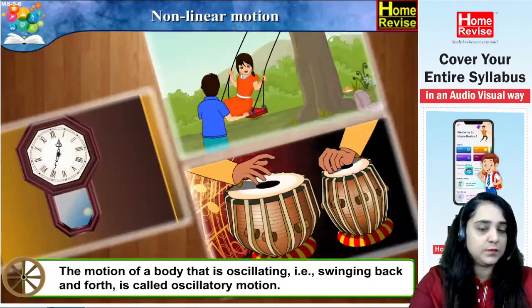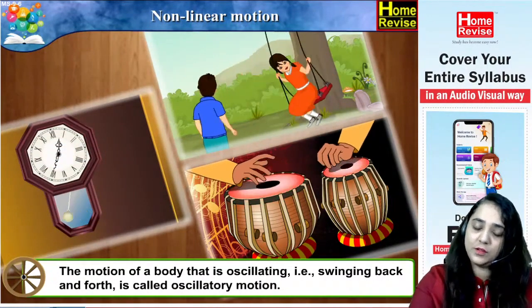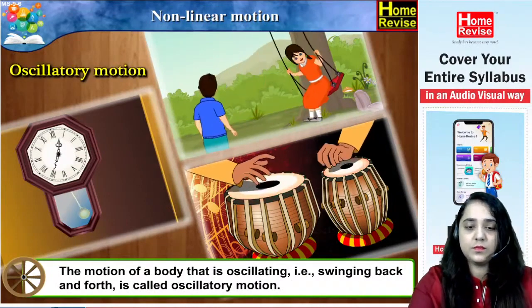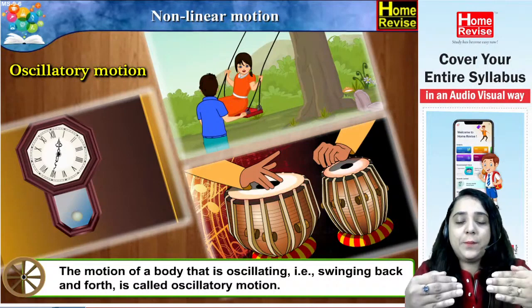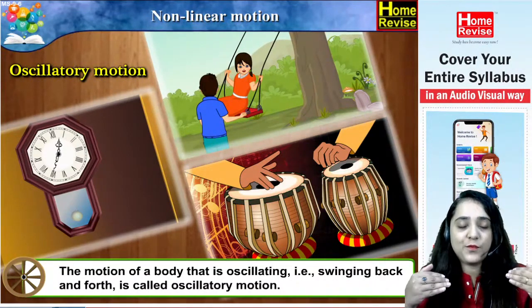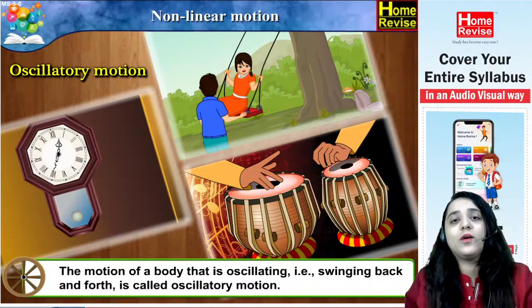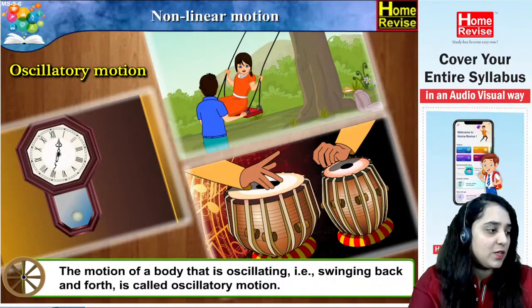The motion of a body that is oscillating, that is swinging back and forth, is called oscillatory motion. So whichever object goes to a particular point, again comes back, again goes forth, this back and forth movement we call oscillatory movement, oscillating.